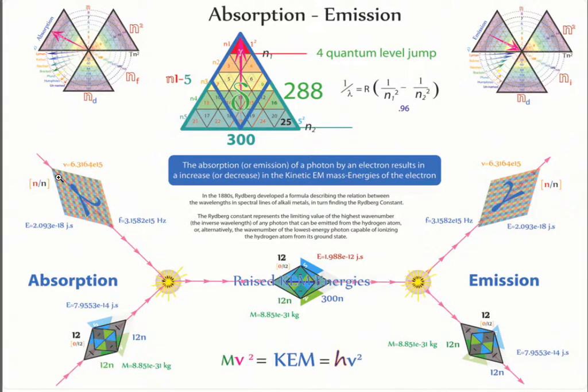The photon of wave, the EM wave containing photons of energy, strike the electron and increase the mass energies of the chem field. In the case of a free electron, it's a continuous process.